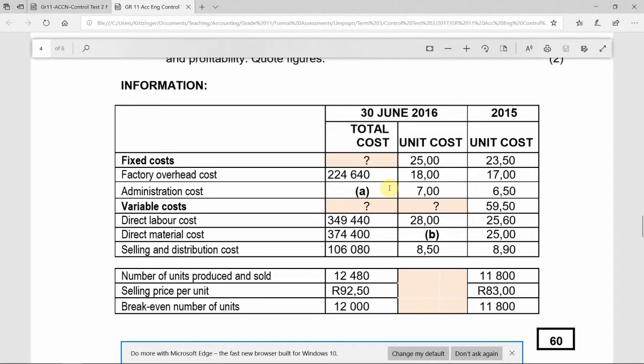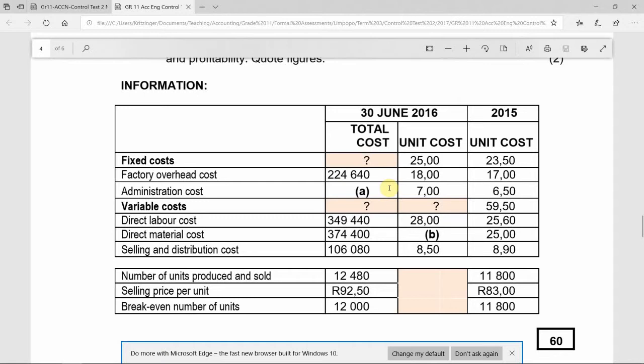Okay, so first of all, administration costs is part of our fixed costs together with the factory overheads. Fixed costs means that as the level of production increases, the total fixed costs will stay the same. So we have the unit costs.